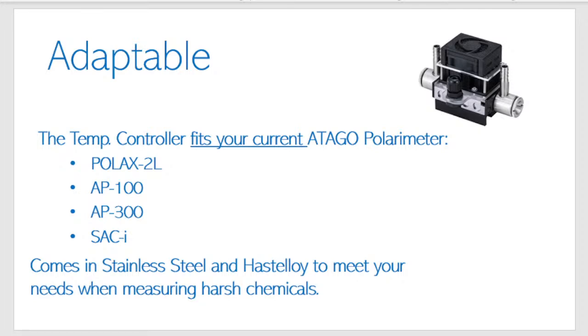So when we were thinking about designing this temperature control accessory, we were thinking about the users who already have an instrument. So we wanted to make it compatible with all Atago polarimeters, and that's why it has this unique design. We want it to fit the polarimeter you already have.